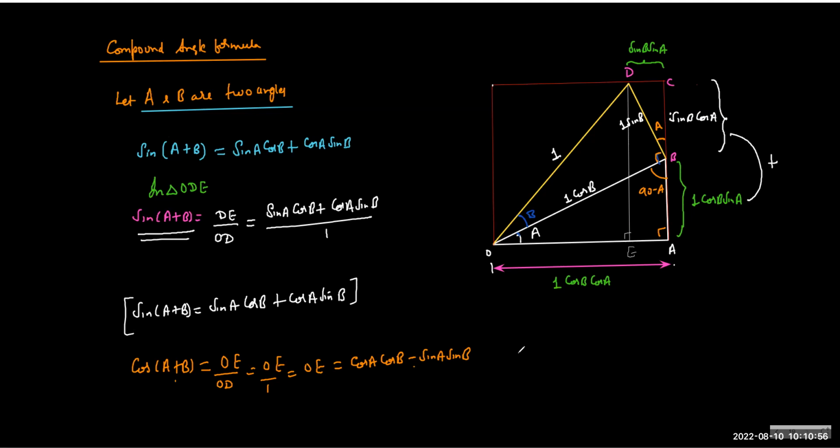All right. Similarly, you can tell me what is the value of tan of A plus B? That's the last definition. What is tan of A plus B? Tell me. Please quickly.